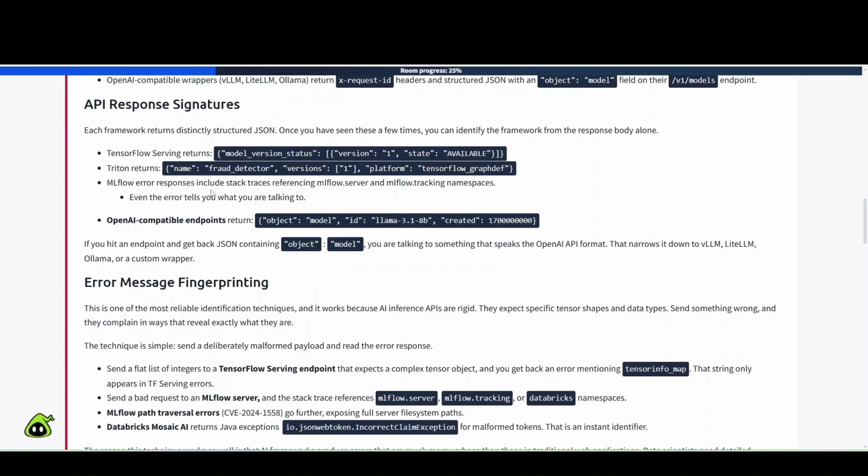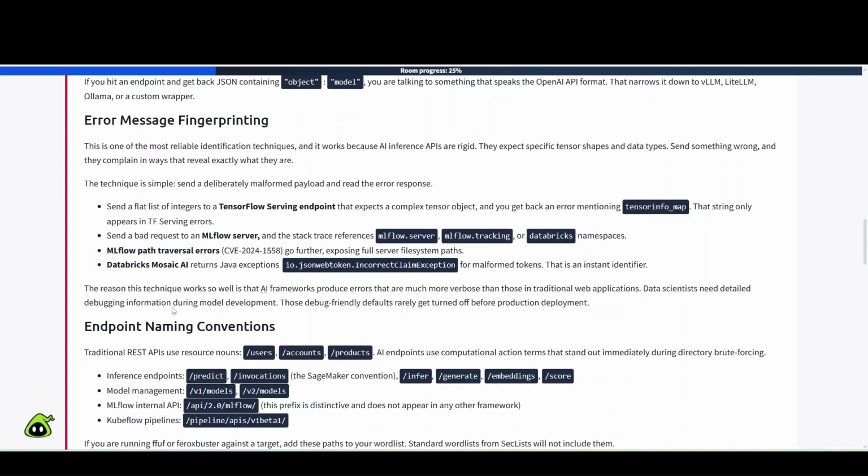MLflow error responses include stack traces referencing mlflow.server and mlflow.tracking namespaces. Even the error tells you what you are talking to. OpenAI-compatible endpoints return the following here. If you hit an endpoint and get back JSON containing object: model, you're talking to something that speaks the OpenAI API format. That narrows it down to vLLM, LightLLM, Ollama, or a custom wrapper.